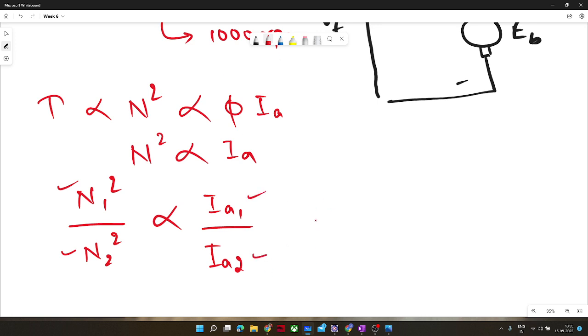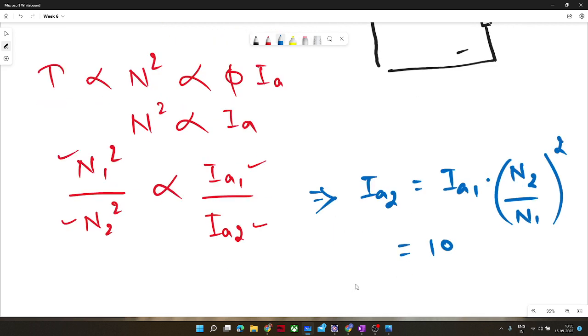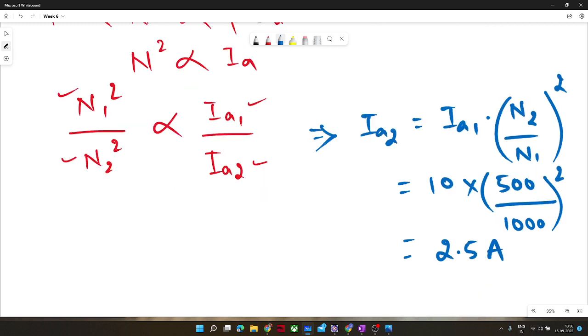Ia2 will be equal to Ia1 into (N2 by N1) square. Ia1 was 10 ampere, the reduced speed is 500 RPM, the earlier speed was 1000 RPM, and squaring it, it would be 2.5 ampere.